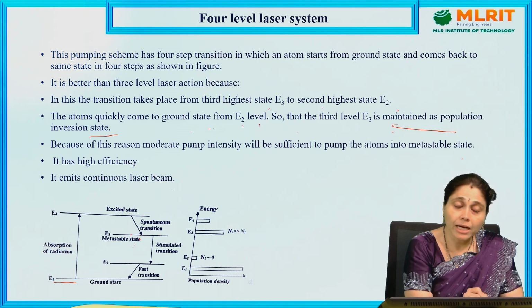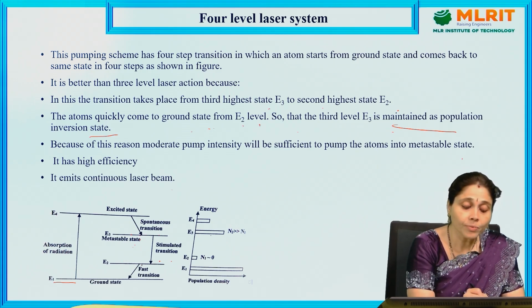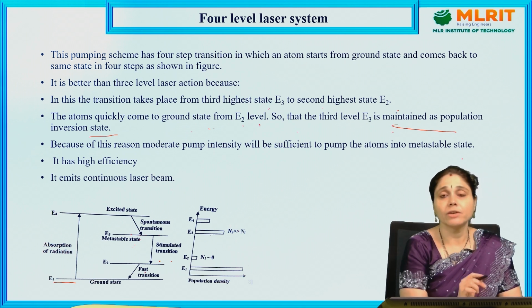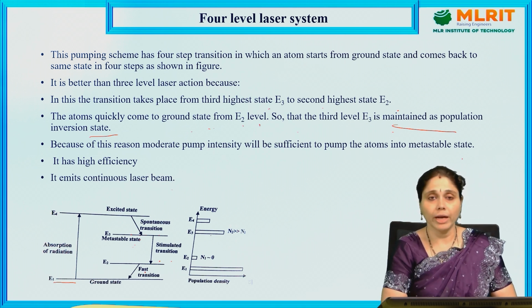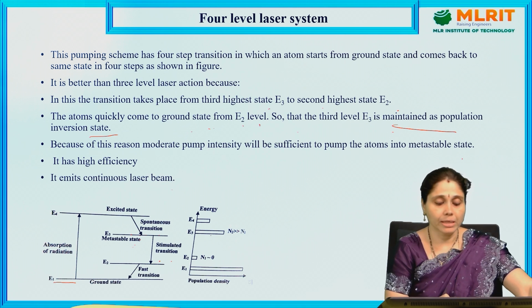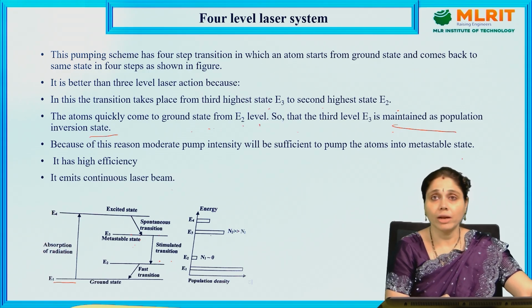The collected atoms will come to the ground state by producing the stimulated transition. The stimulated transition takes place between E3 and E2, and E2 to E1 is a fast transition with no radiation. This is the general 4-level laser system.